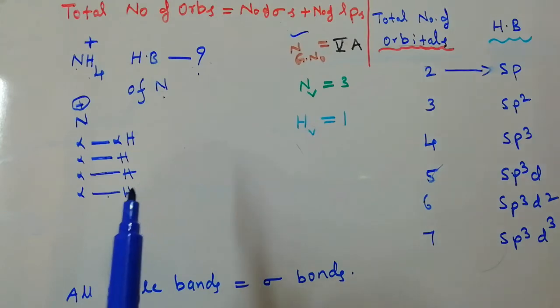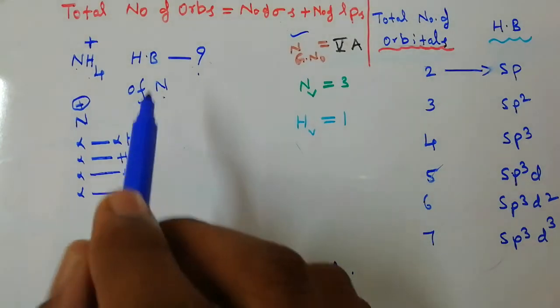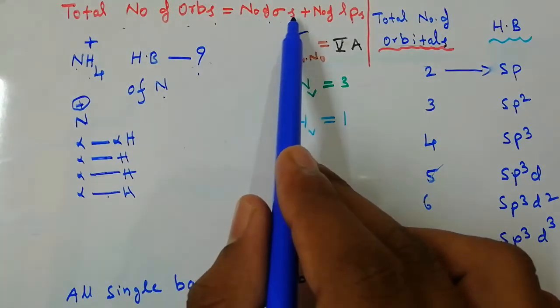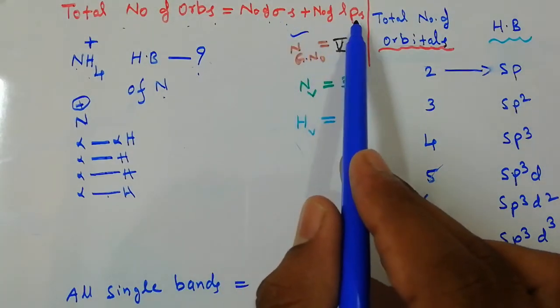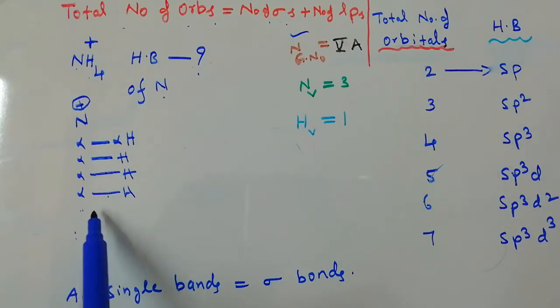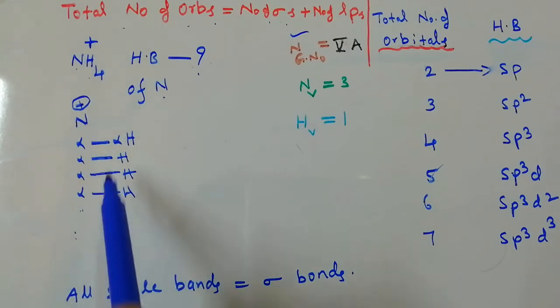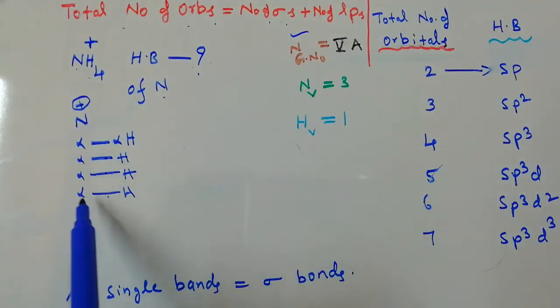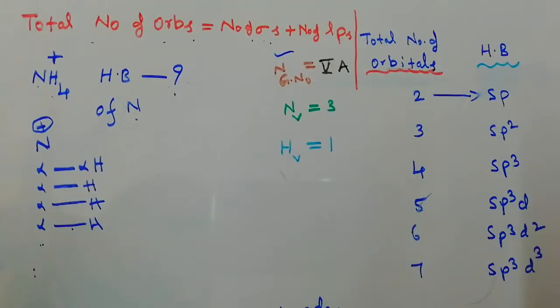Now you can use the formula: total number of orbitals is equal to the number of sigma bonds plus the number of lone pairs. Here we don't have any lone pairs. If you find 2 extra electrons without pairing with any of the atoms in the given molecule, that is considered a lone pair, but we don't have extra electrons.